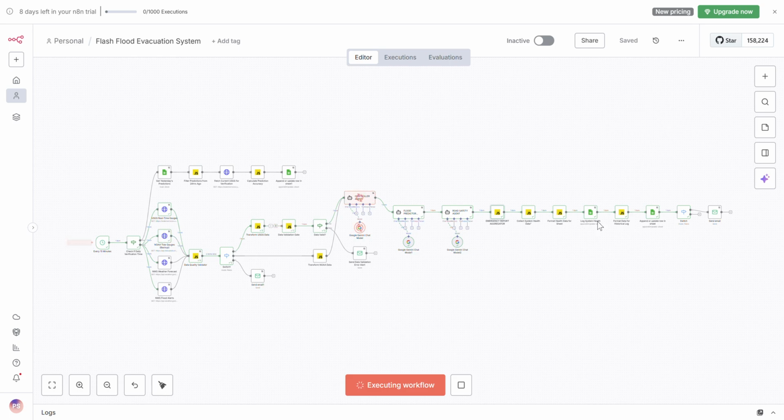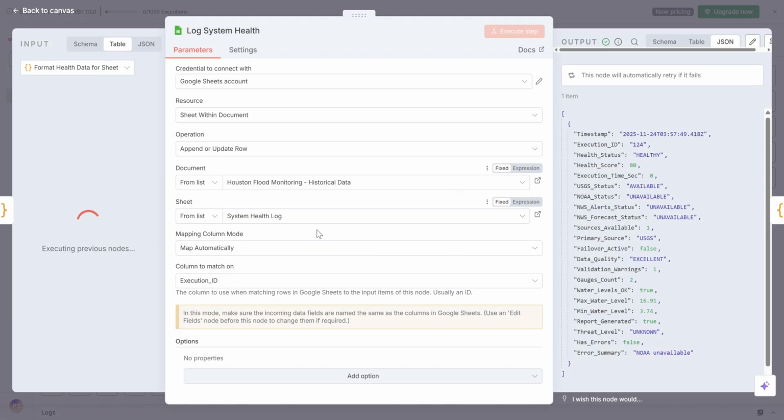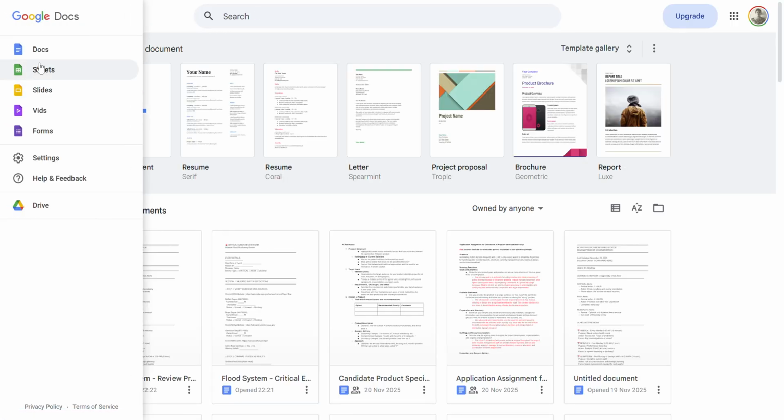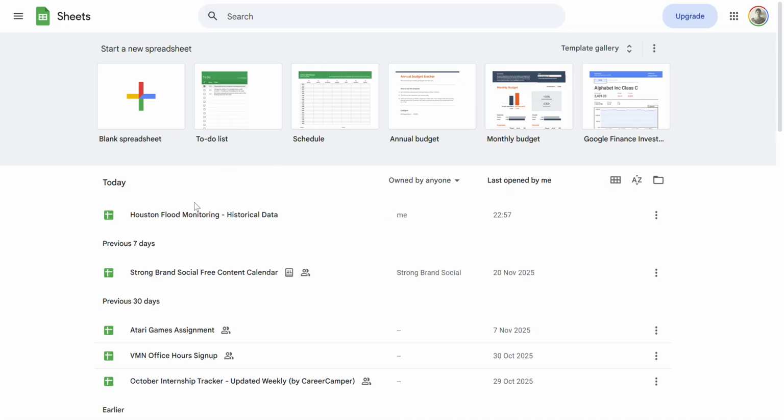So the log system health, I will show you the system health log for the same sheets.